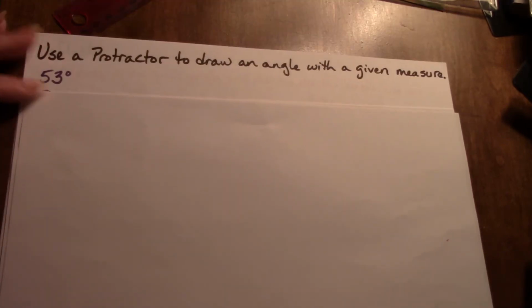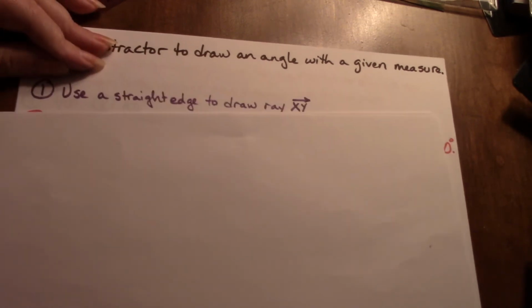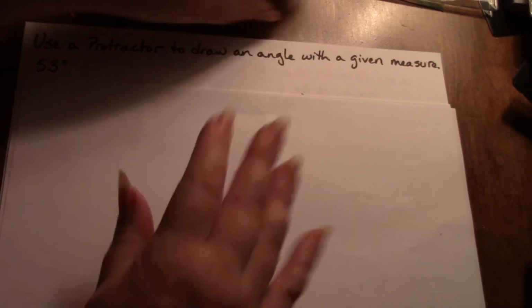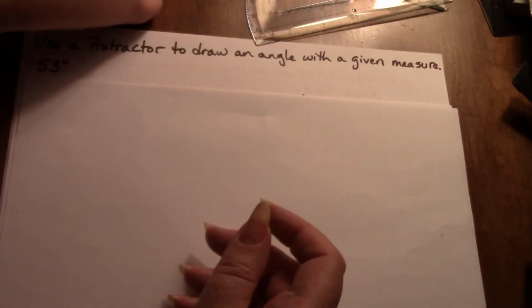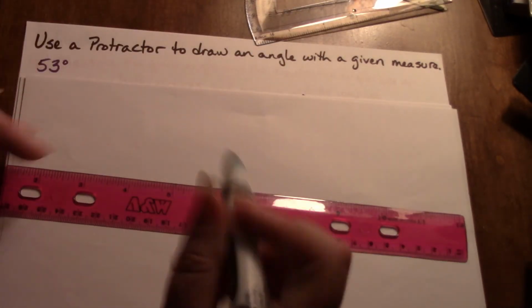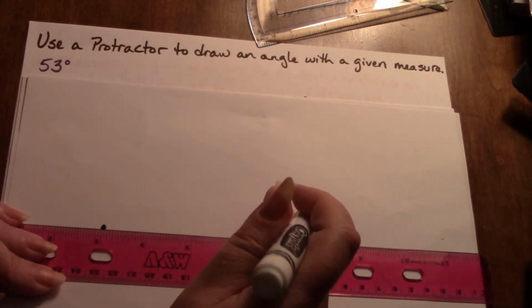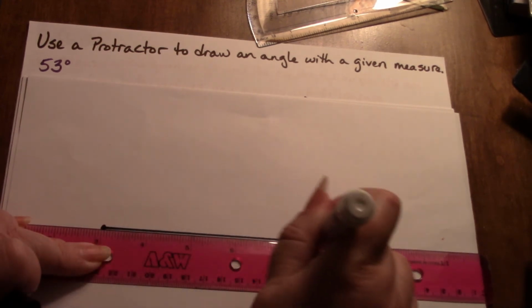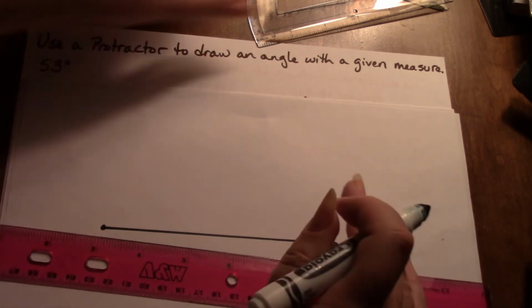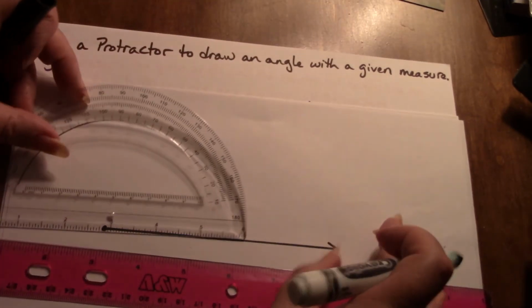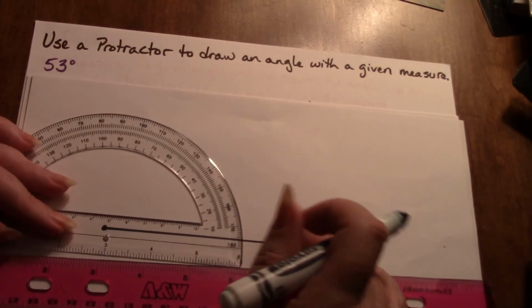Our first question: use a protractor to draw an angle with a given measure, 53 degrees. So we get out our protractor and we're going to start by drawing a point and a line. We want to make sure that line is larger than half of our protractor, so it's easy to work.